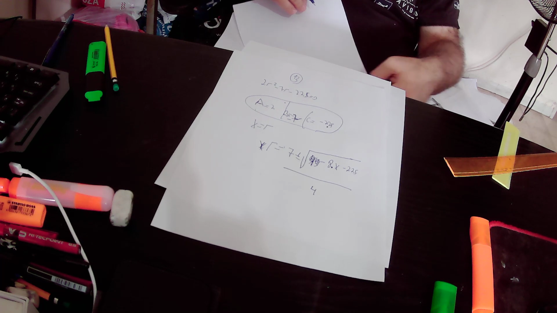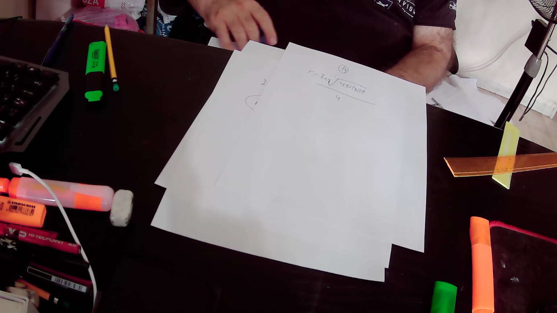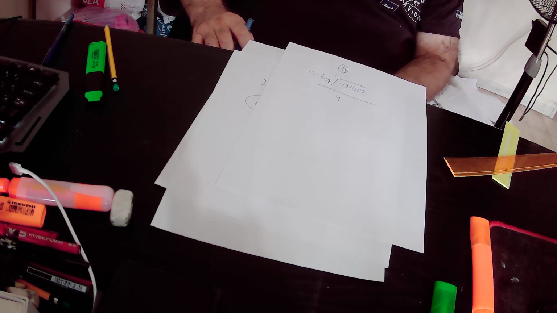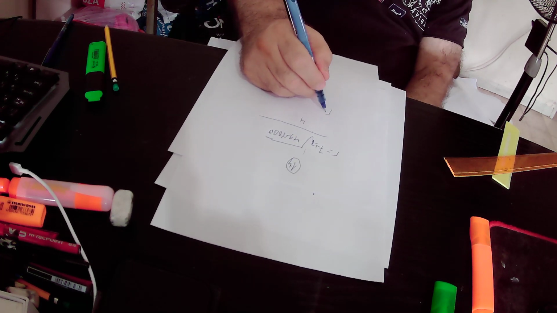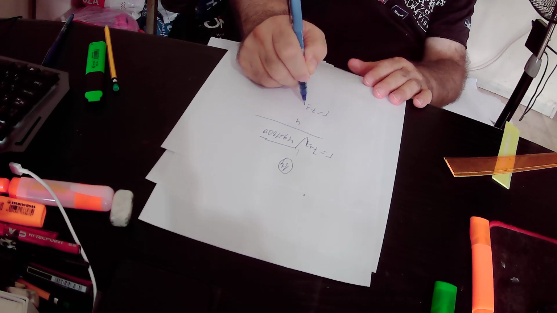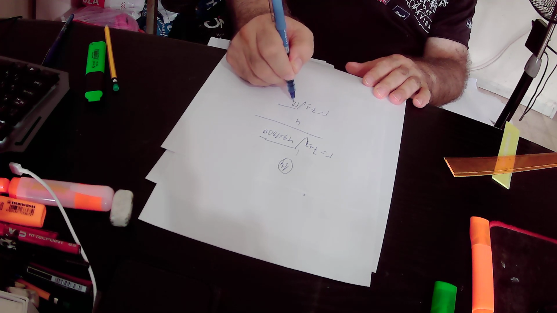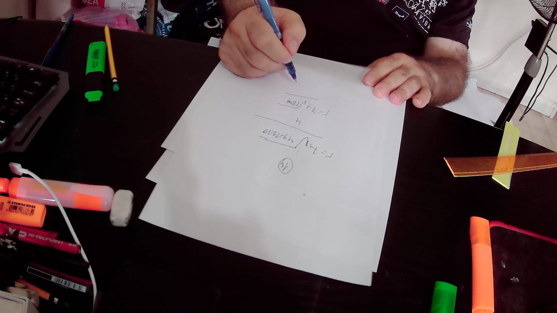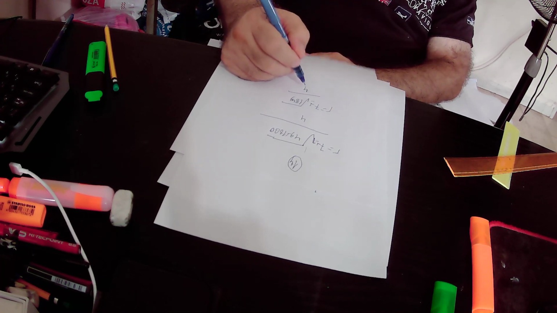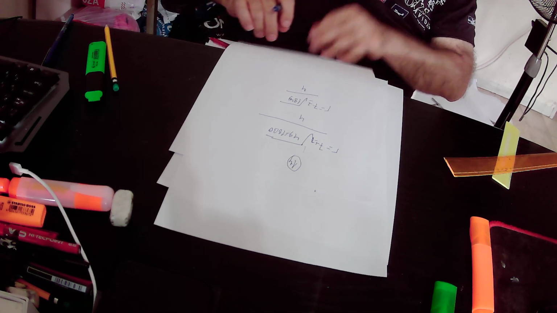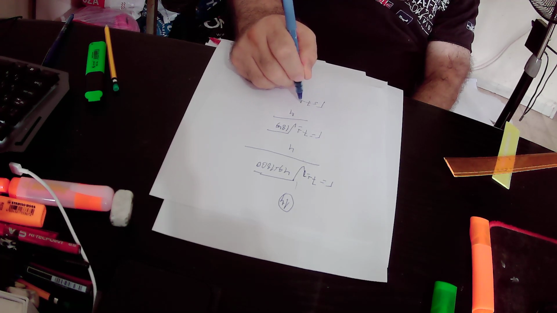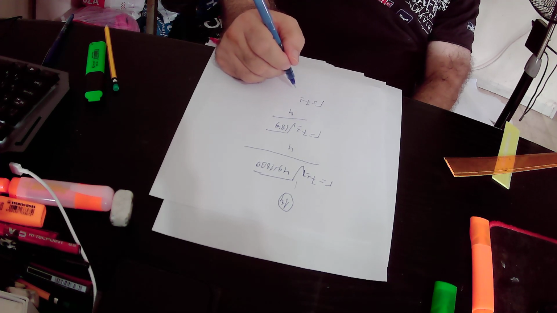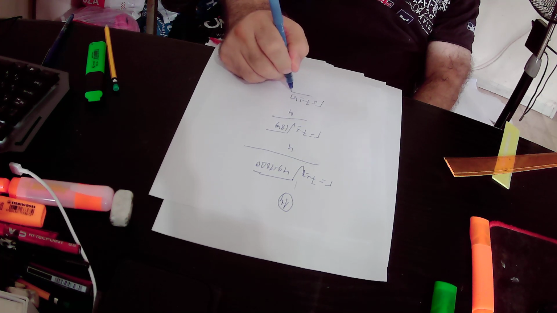So in total we got that the radius of this semicircle is r equals 7 plus minus root of 1800 plus 49, which is 1849, over 2 times a, which is 4. So r equals 7 plus minus root of 1849, which is 43, over 4.